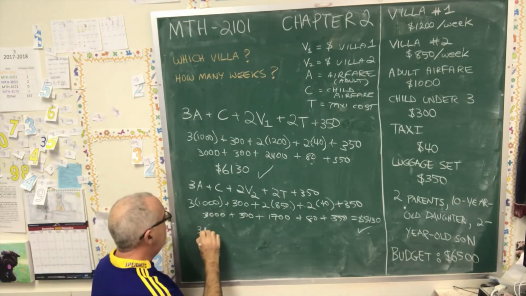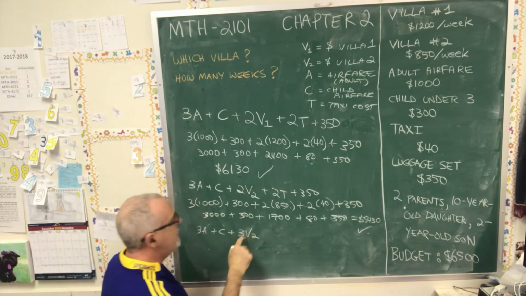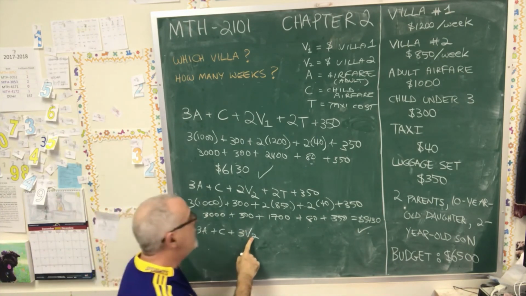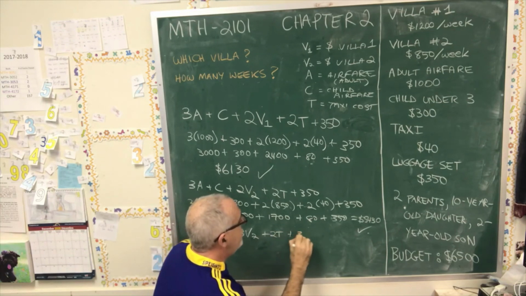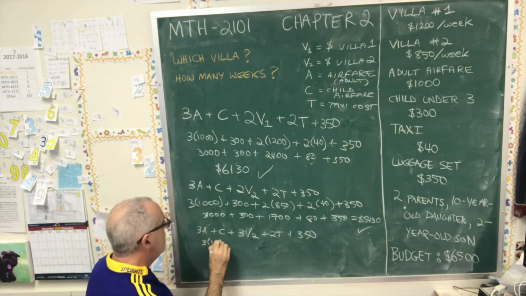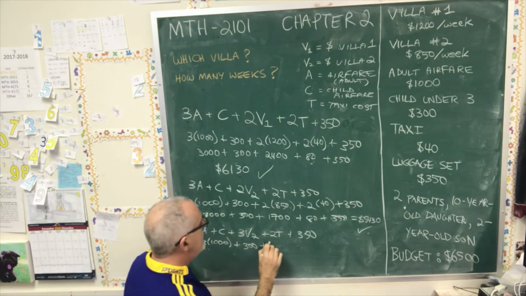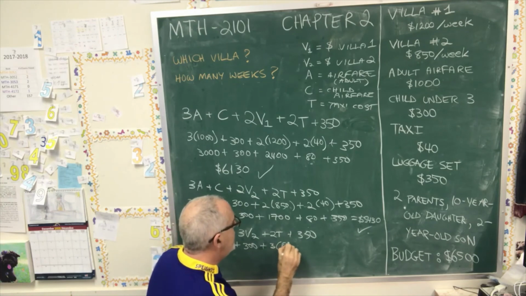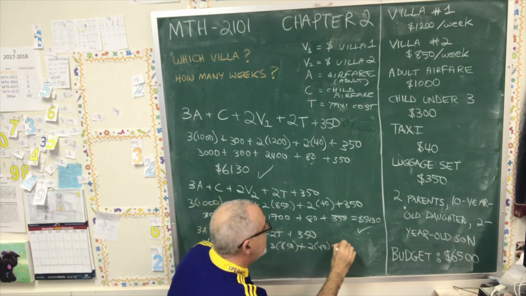So it's 3a plus c, but now I'm writing plus 3v sub 2. 3 weeks times the cost of villa 2 per week, plus 2t plus 350. Again, not very much changes. 3 times 1,000 plus 300 plus 3 times 850 plus 2 times 40 plus 350.